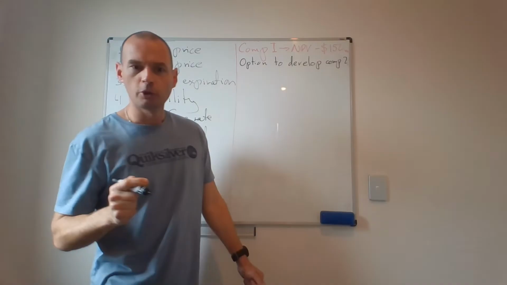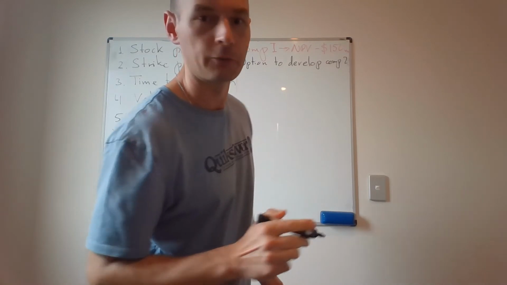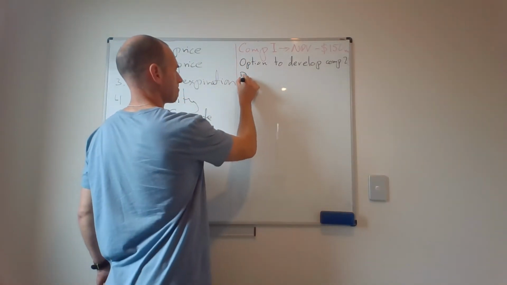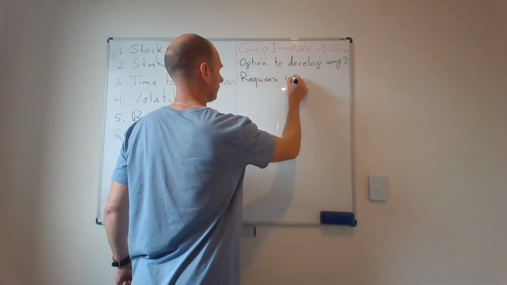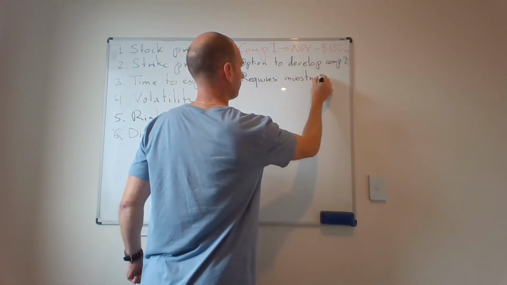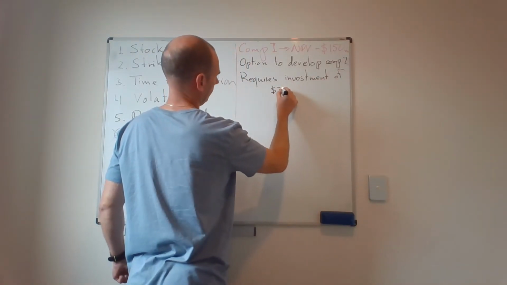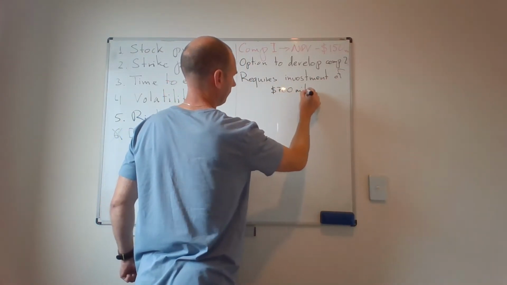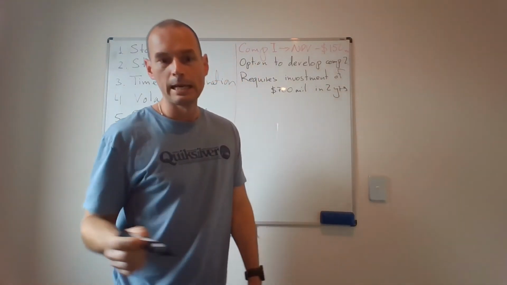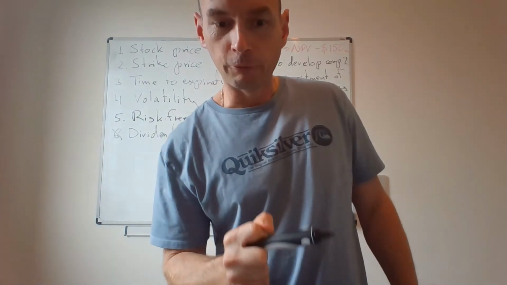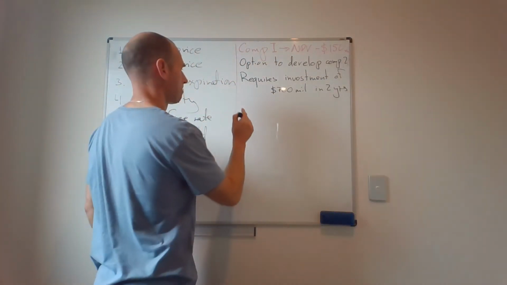Development of computer 2 will require an investment of $700 million 2 years from now. Expected discounted forecasted cash flow is 500 million.